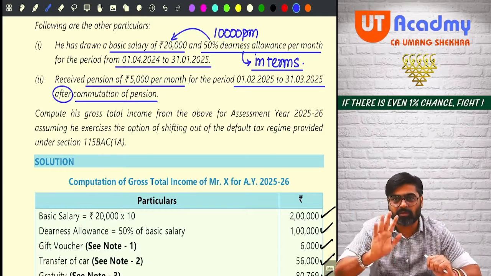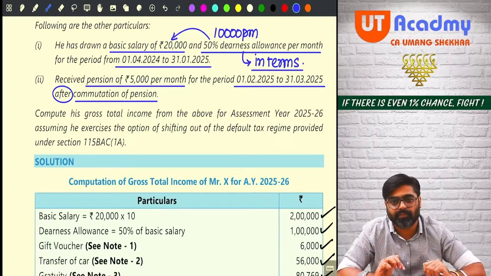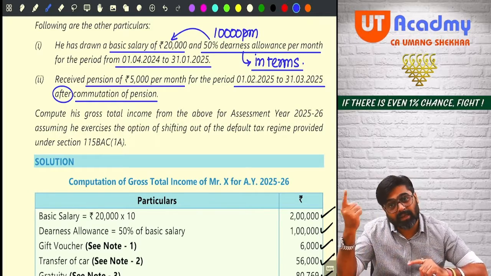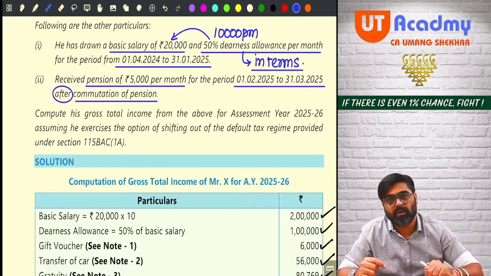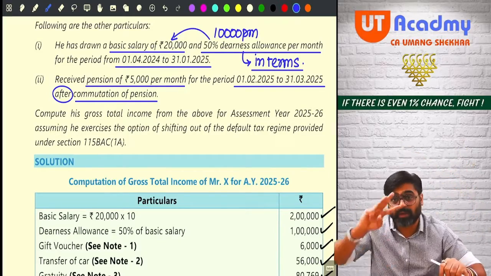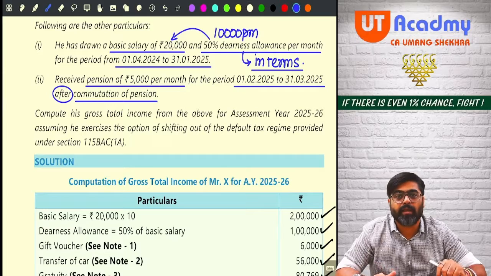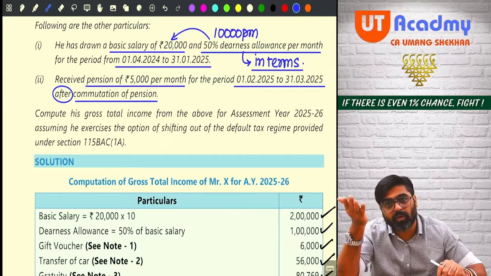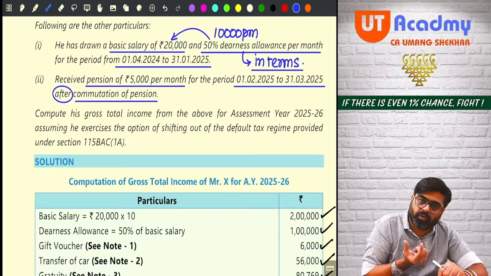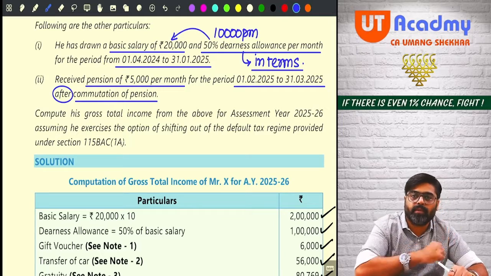That 5,000 you are receiving after commutation. Okay? Meaning that your monthly pension was how much? It was 15,000. Entire monthly pension you commuted or only 2/3 commuted? Only 2/3 commuted and you got that lump sum of 3 lakh rupees. Getting my point? After commuting 2/3, this 1/3 which remains is 5,000 only, which you are going to receive for February and March.